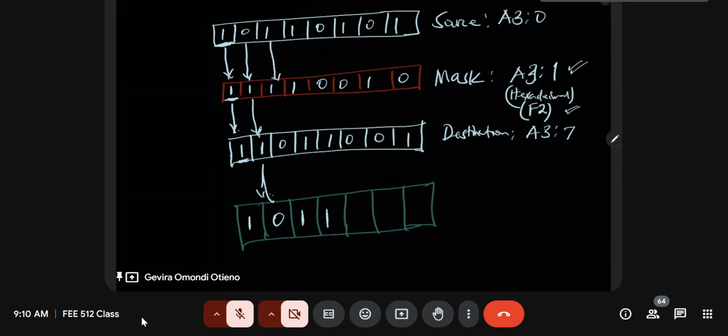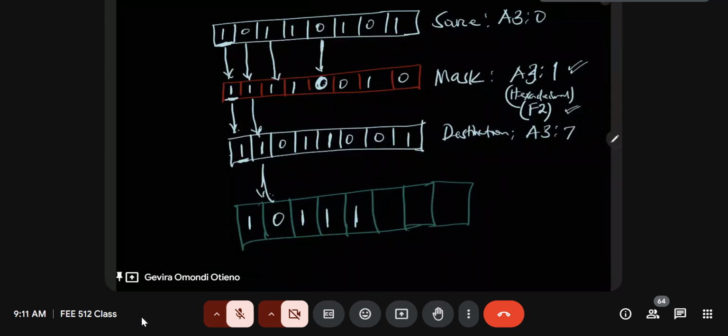Okay, here we have a 0 and we have a 0. Notice, because we have a 0 in the mask, it blocks us from moving. So once you see a 0, whatever was at the destination is retained. Whatever was at the destination is retained. That's very critical to remember. I'm referring to this case here, where we have a 0.